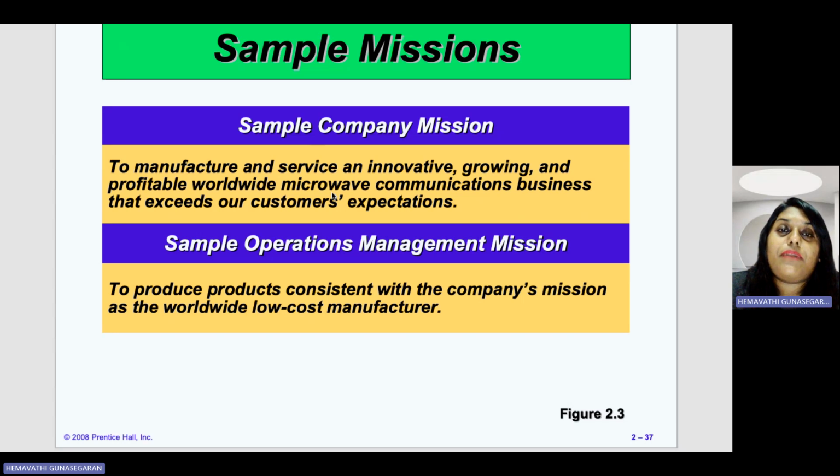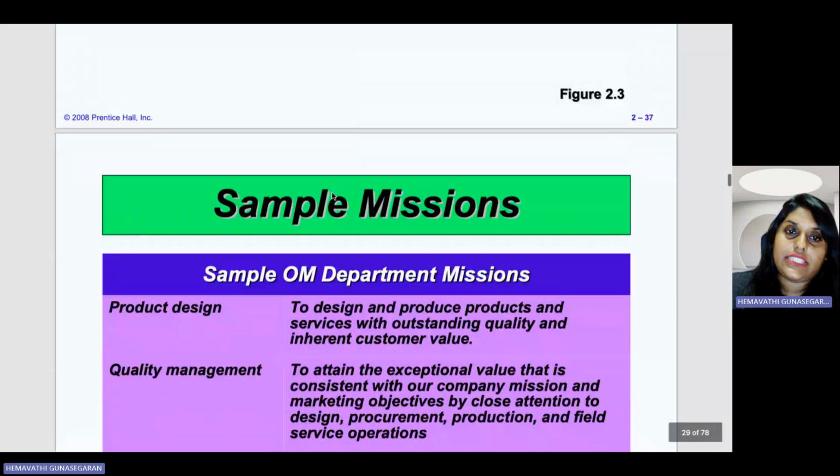But within the main mission statement of a company, in their operations management, they would have a different mission. Each mission statement is going to contribute to the same objective of the company, right? But at each different level, in each different position of the operations management, they are going to have a different kind of mission statement.